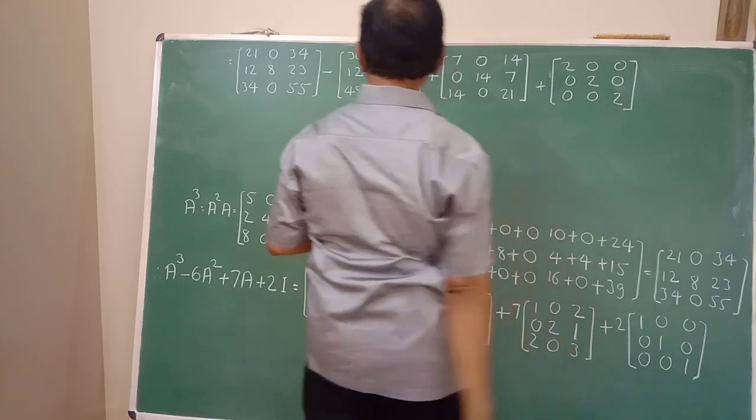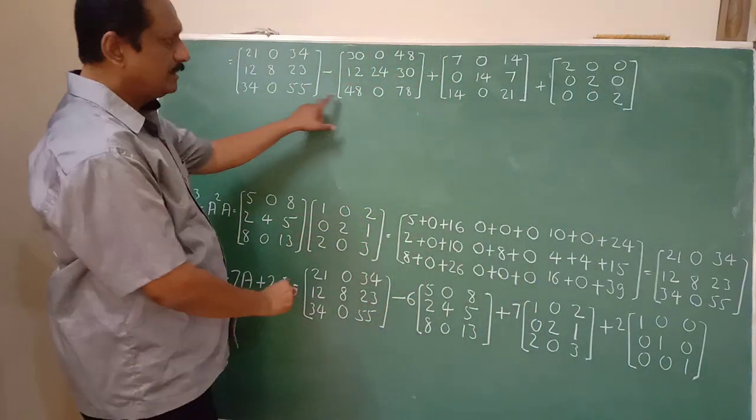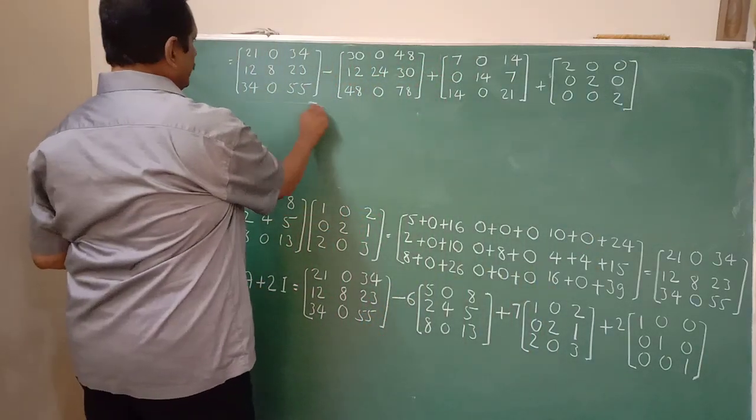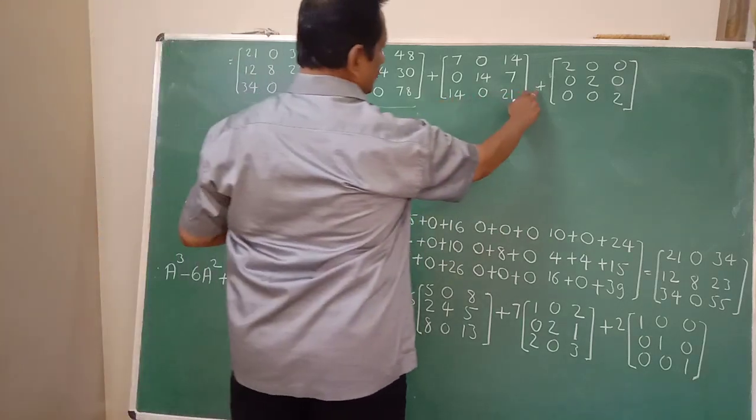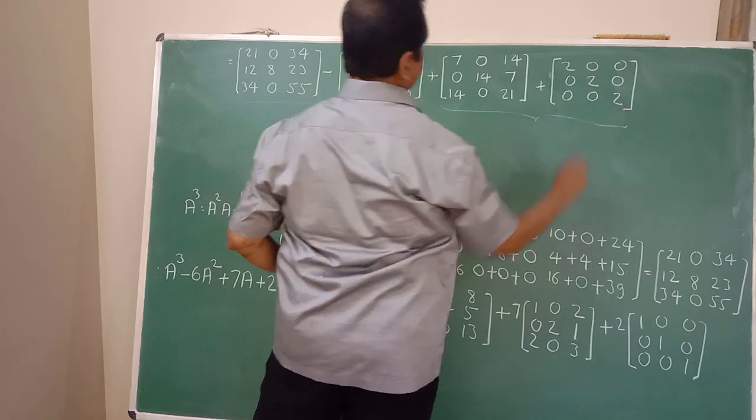Okay. Next, subtracting these two matrices here. Take these two here. Subtract it because minus sign is there, and here plus sign is there. So adding these two matrices here.